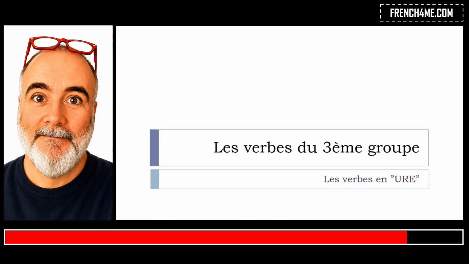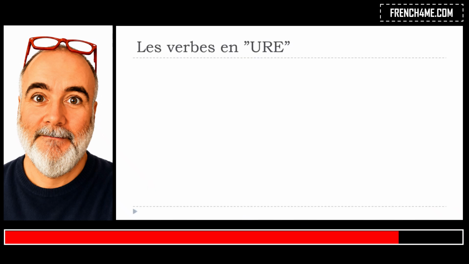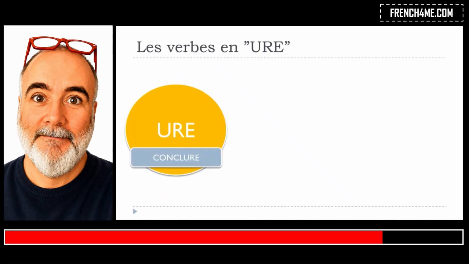And well, actually, even if it's, let's call it a micro group, I think it's quite important to just take the time to see how to conjugate these verbs. Okay, and so the example I wanted to take is conclure, and basically it means to end, close, or conclude. Okay, so let's see how we will conjugate conclure.